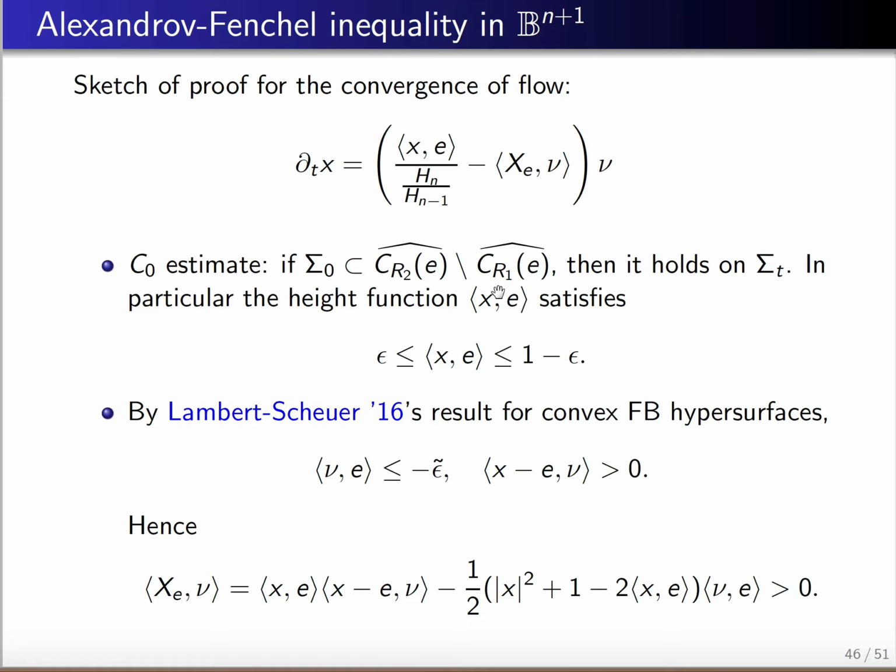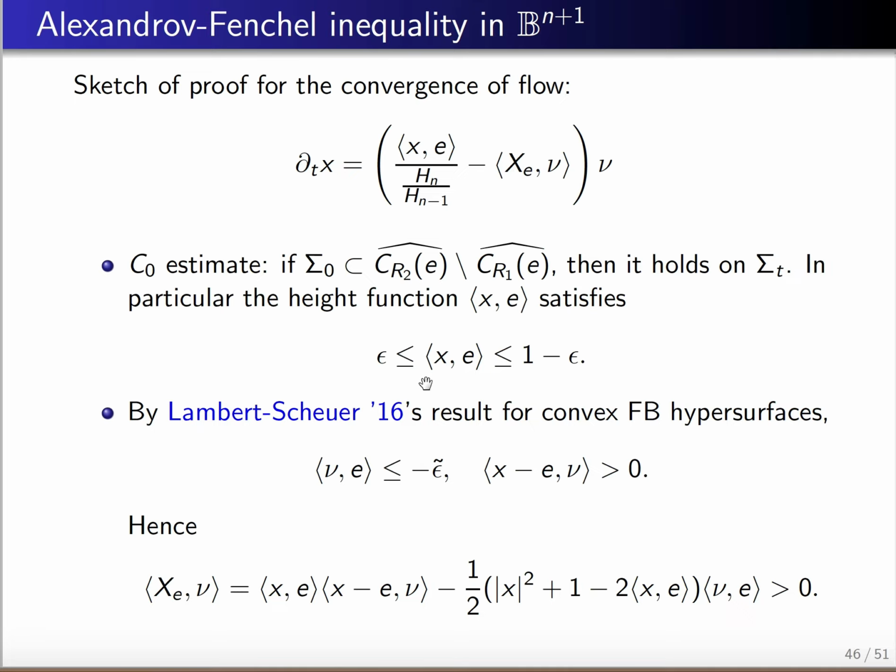So this spherical cap will not evolve along this flow. So this can play the role of a barrier. And if the initial data lies in an annulus of the spherical caps, then it will hold along this flow. Okay, and then you can get the higher order estimates.